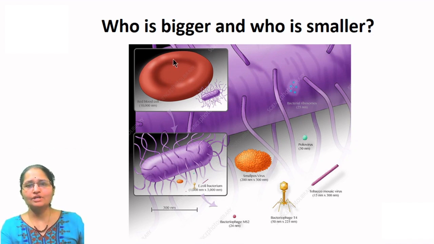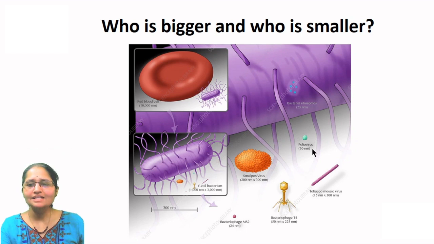In this picture you can see the human RBC, that means the red cell present in our blood. See the E. coli bacterium, the comparative size of E. coli bacterium and the RBC. So the RBC is much larger than a bacterium. And here you can see a bacterium is much larger than the viruses.